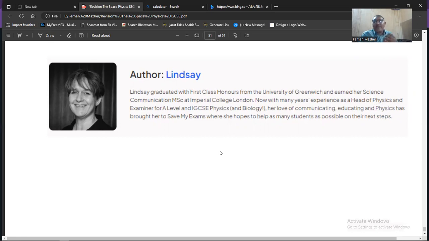So from wherever we get material on space physics, we are trying this. Whenever my students prepare physics, they will not be preparing from just one book. They will be studying two, three, four books, and the same topics they will study from different books. This is how you master a concept.